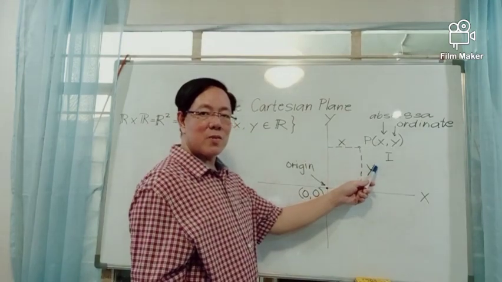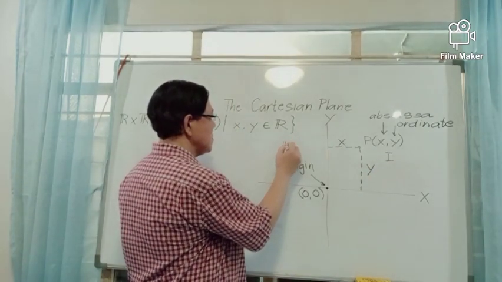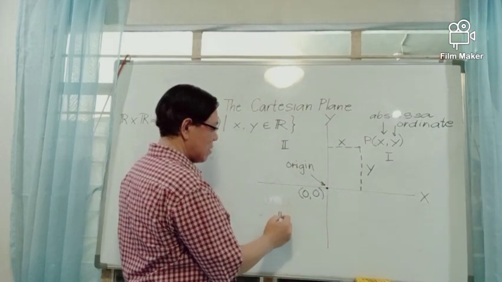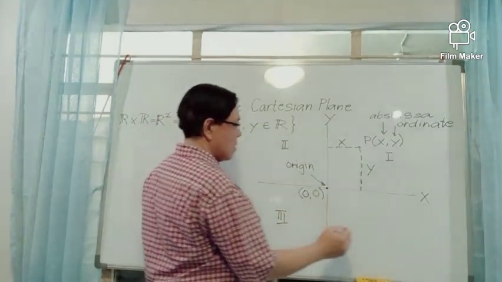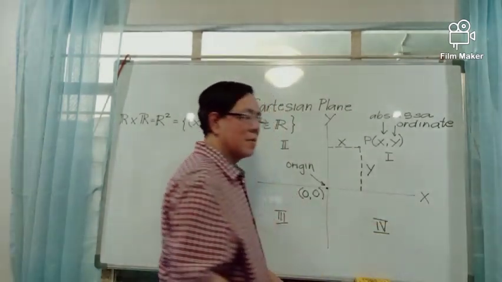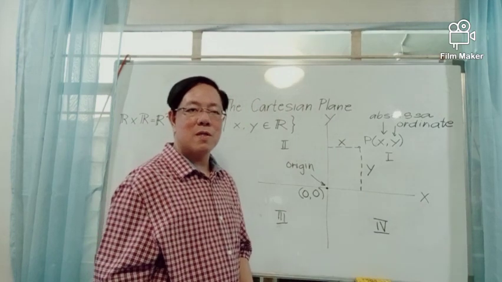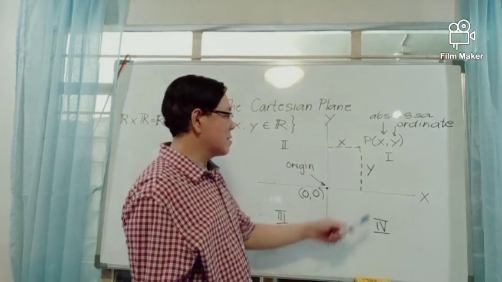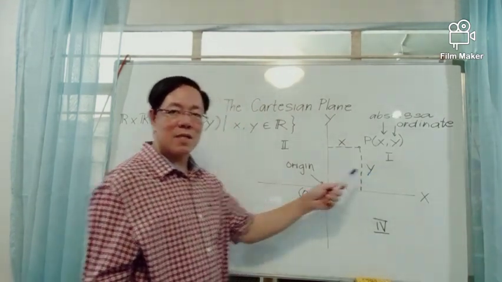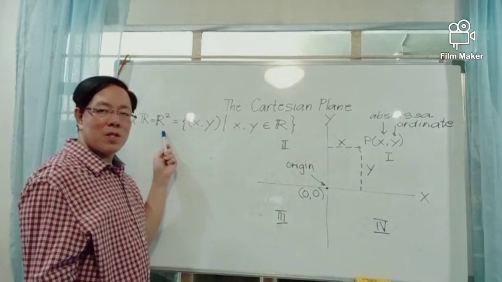So this is the first quadrant, the second quadrant, the third quadrant, and the fourth quadrant. Each quadrant is a set of ordered pairs of real numbers, and each quadrant is a subset of R2 or the Cartesian plane.